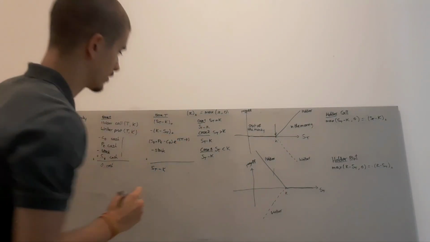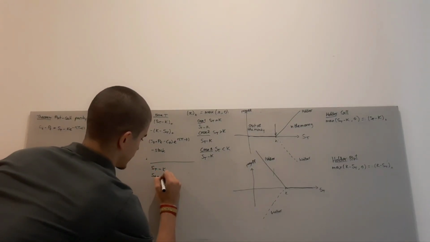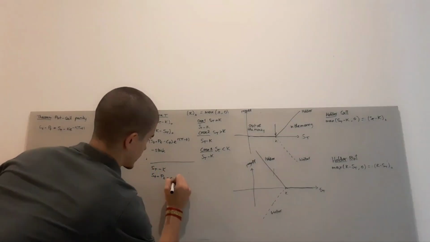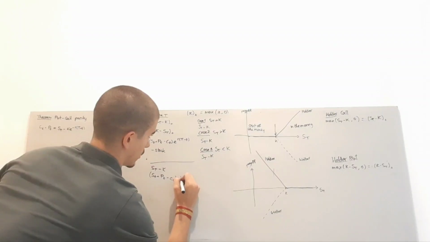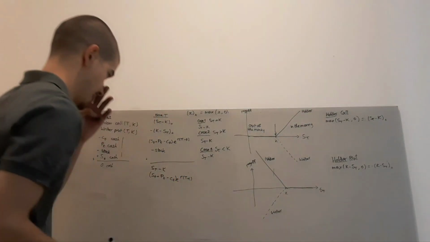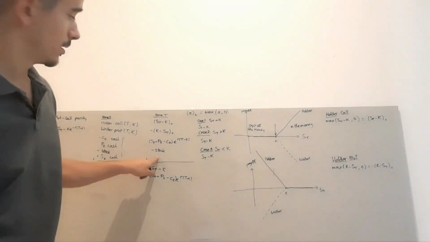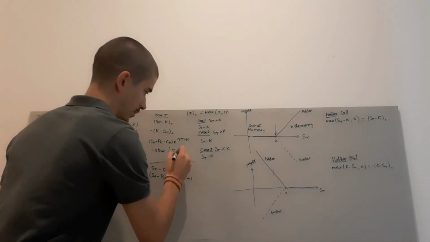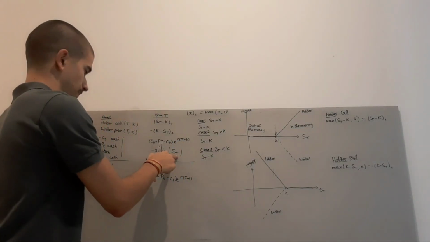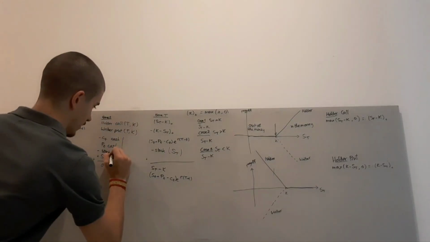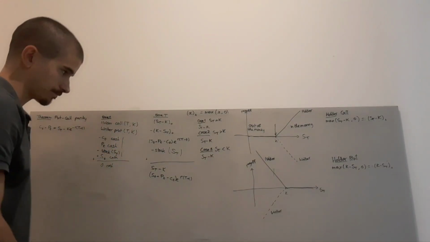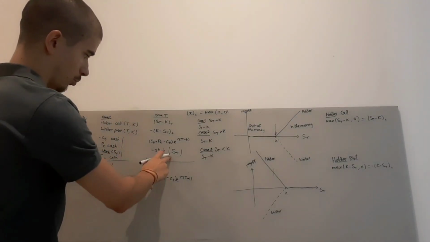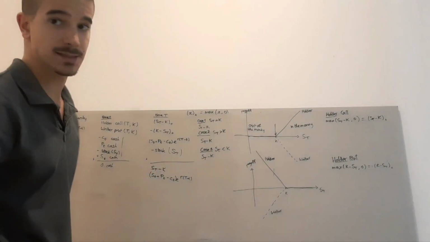Now we have this term here, ST plus PT minus CT e to the RT minus T. And then we have a stock. Right now, what's it worth? Well, it's worth S small t. At time big T, it's worth ST. We have to sell it, we have a negative amount of this.